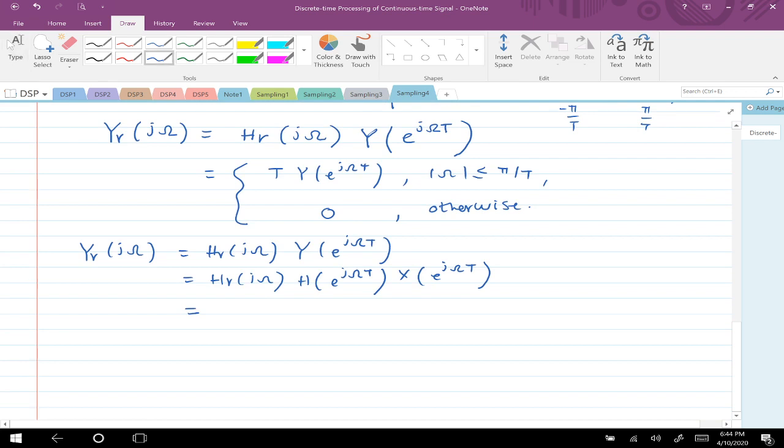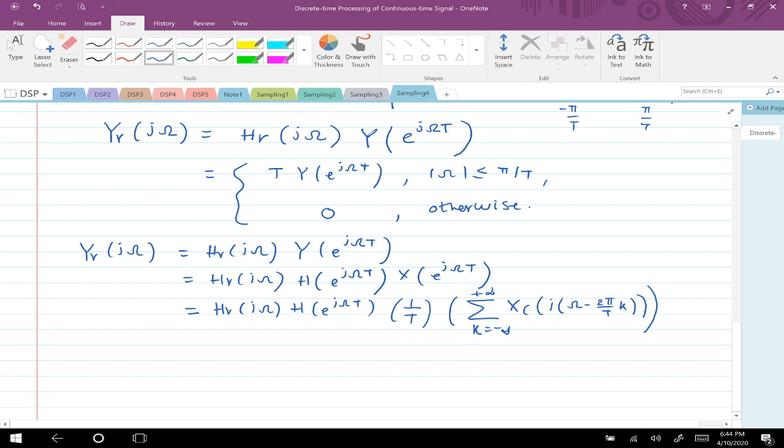So that's equivalent to H_r(jΩ) times H of e^{jΩT} times 1/T times the sum, k varying from minus infinity to plus infinity, of X_c(j(Ω − 2πk/T)).